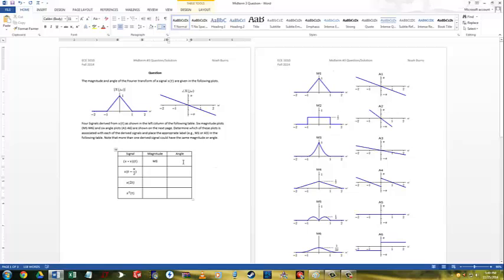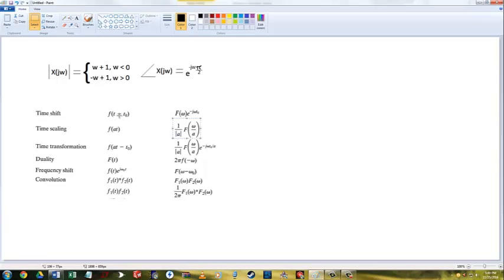a2. For the next one, x of t minus pi over 2, we just go and look at our table of properties. Right now we're looking for the time shift, f of t minus t naught. In this case, our t naught is that pi over 2. And notice that all we're doing is multiplying by an exponential function, so that's actually not going to affect our magnitude at all, because the exponential functions are just going to add.